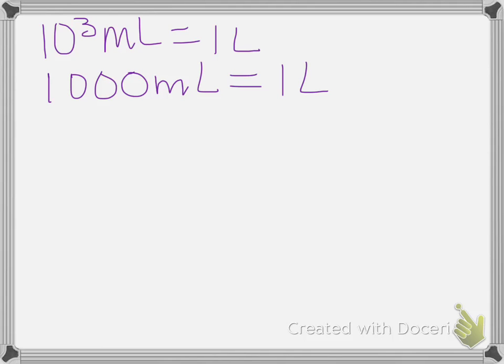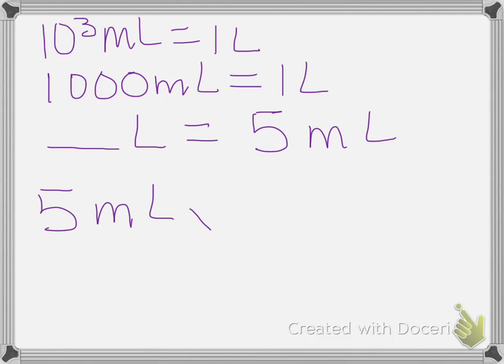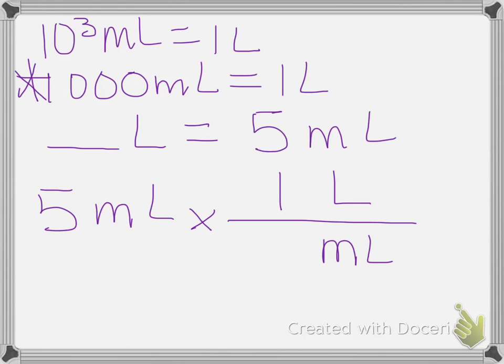So if I ask you, how many liters is in 5 milliliters, you'd say, okay, 5 milliliters, and I want you to do fractions, where you put milliliters on bottom, and then your liters on top, and then use 1 over 1,000.